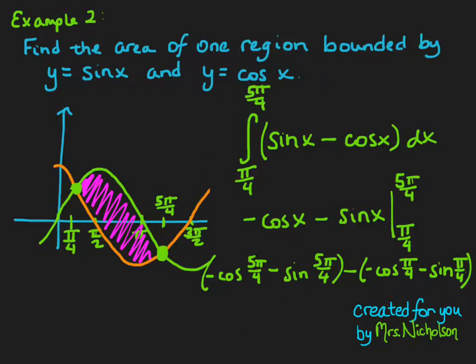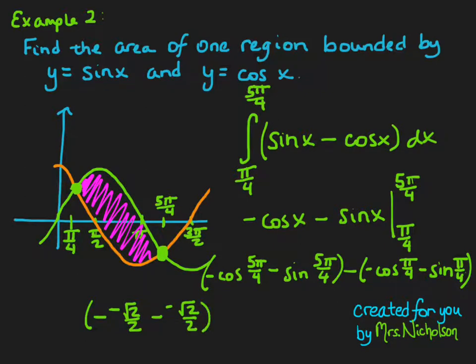All right, and now the unit circle comes into play. Cosine of 5 pi over 4, well, I know cosine of anything over 4 should be square root of 2 over 2. 5 pi over 4 is in quadrant 3 where cosine would be negative. So this becomes negative square root of 2 over 2 minus, and then sine of 5 pi over 4 is also negative square root of 2 over 2.